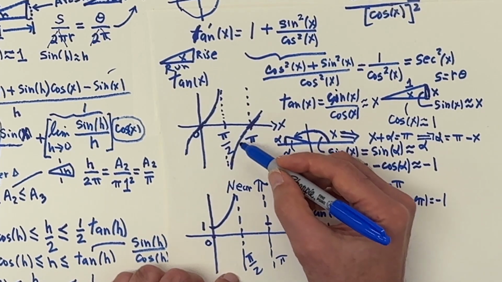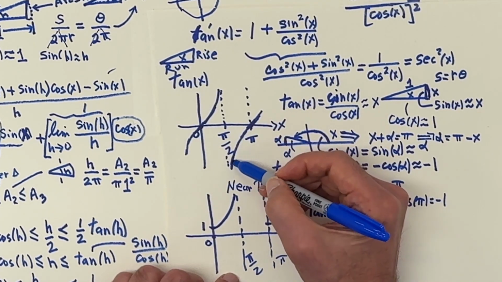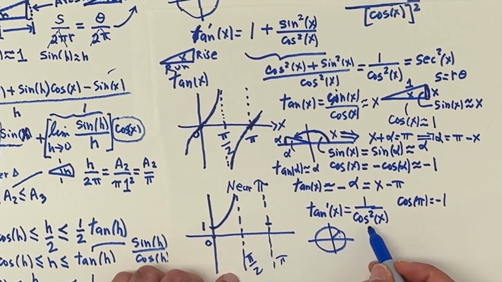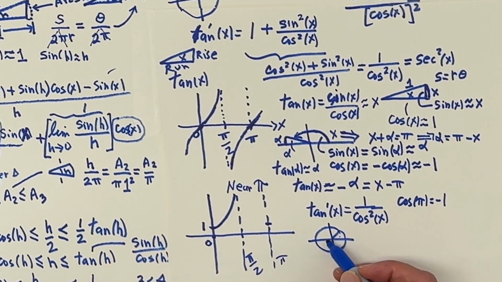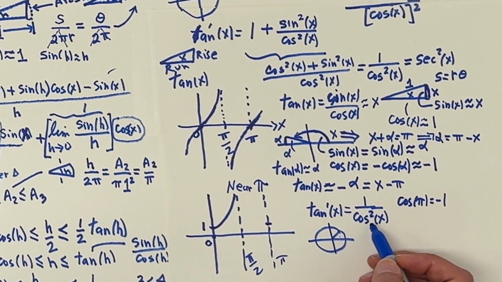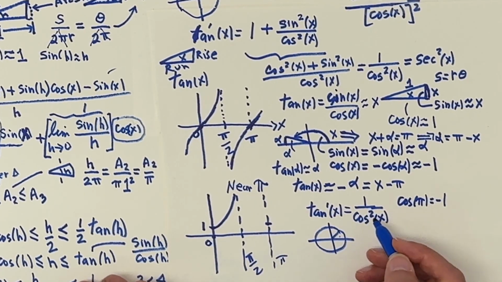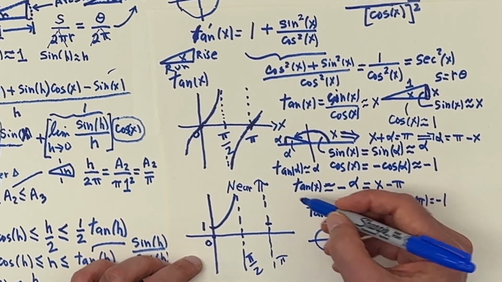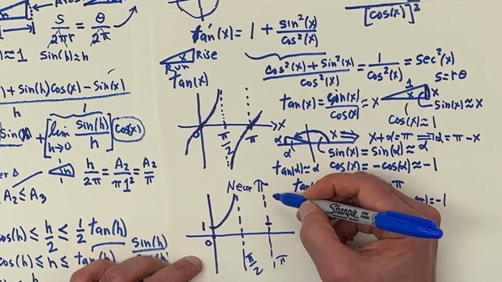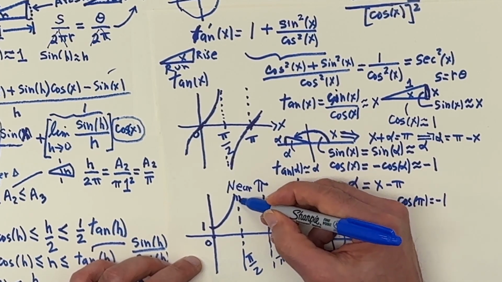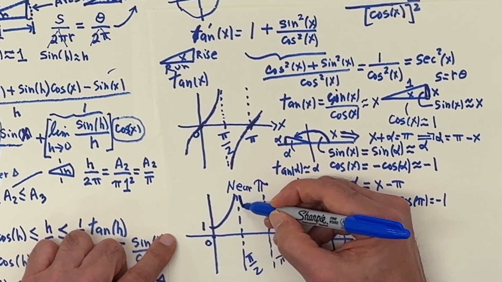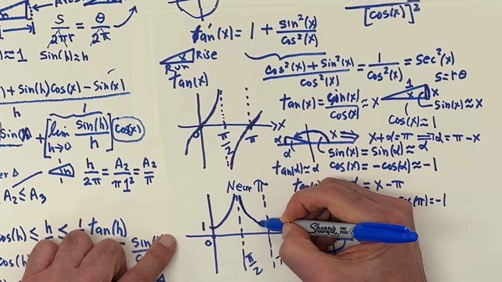And notice that when you go beyond pi over 2, the slope is still positive. If you go beyond pi over 2, the cosine would be negative, but if you square it, it's positive, and you're dividing by something really small, so you get an infinite result, and this is going to then come down and come in there like that.